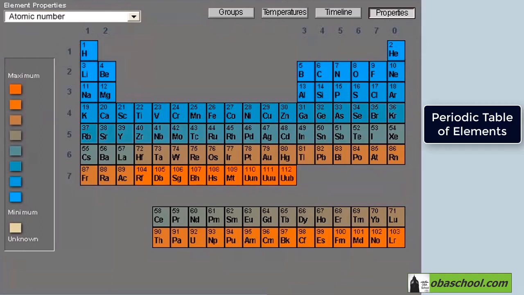Let's identify the elements in group number 1. We said that the group is the vertical column of elements. So group number 1 elements are hydrogen, H, lithium, Li, sodium, Na, potassium, K, and 3 others.